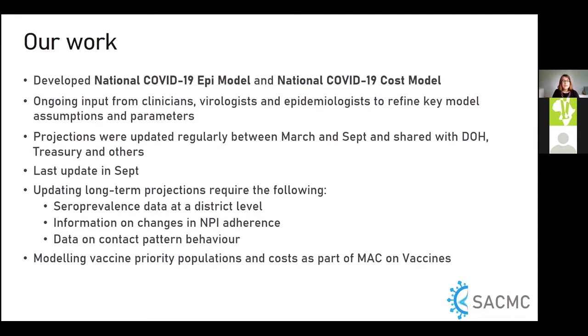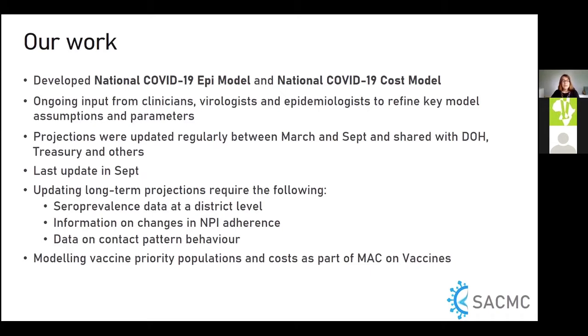We've updated our projections very regularly between March and September, almost weekly for the duration of the first wave, and shared them especially with the National Department of Health, provincial departments of health, Treasury, and other partners. We have, however, not been as able to share these updates with the public. Our last update was from September. All of those main reports are available on the NICD website.